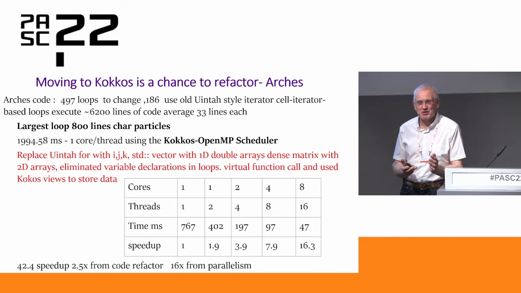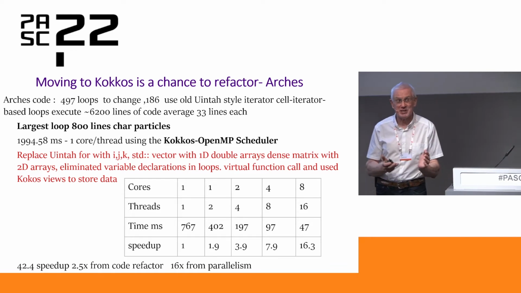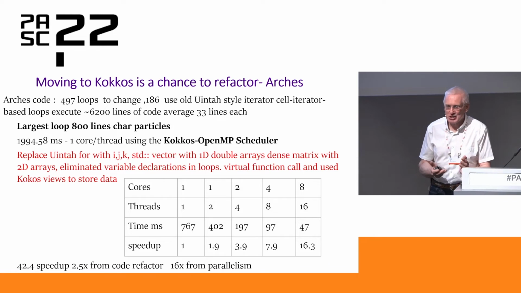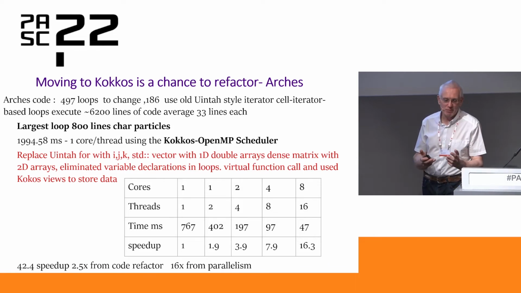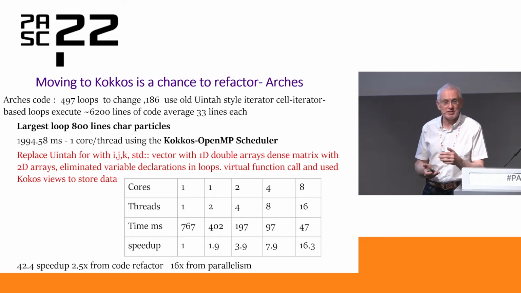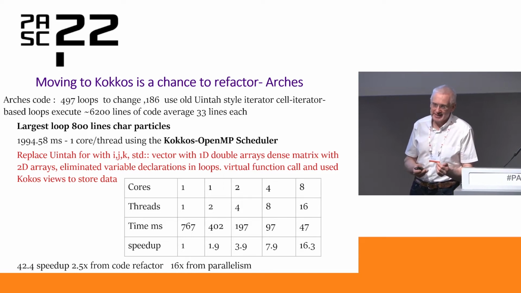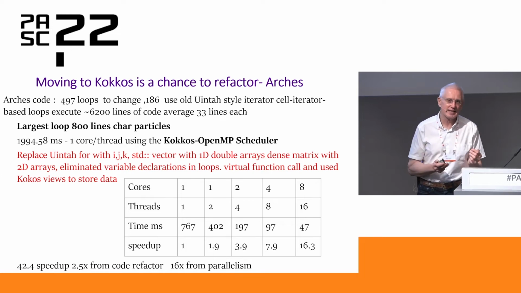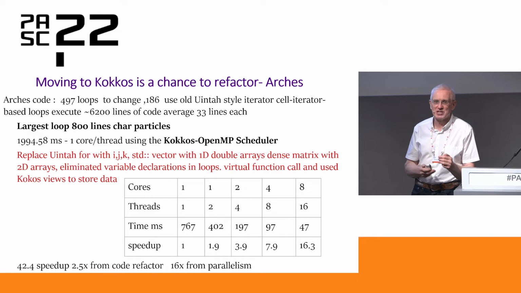Because they love to write things that are really clever in C++. And they have lots of scope to do that. So we started to look at the performance of our loops, and I said to John, look, take the worst loop. And this loop had 800 lines. It did things like declare variables inside loops. It had all kinds of crazy stuff in there.